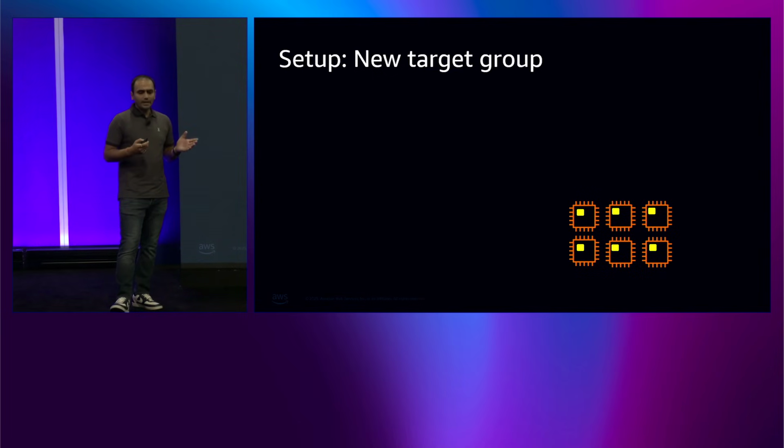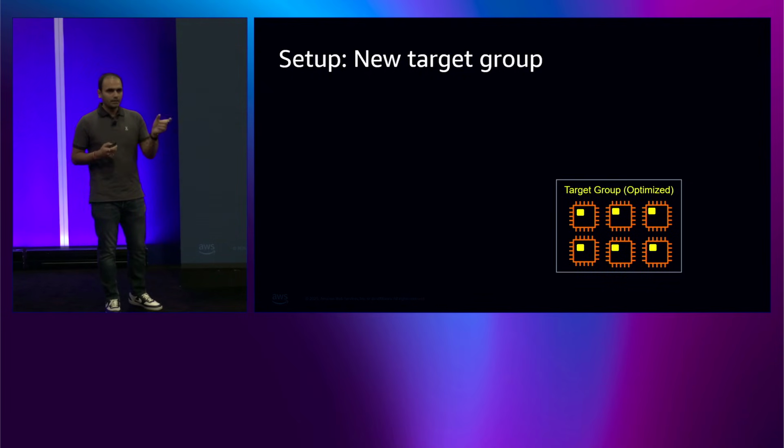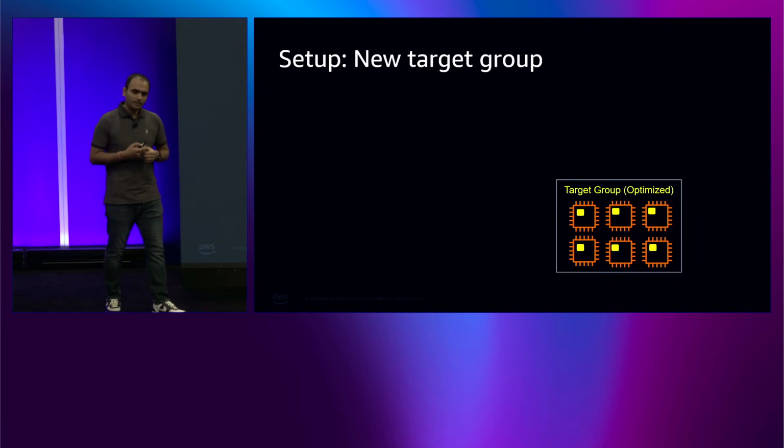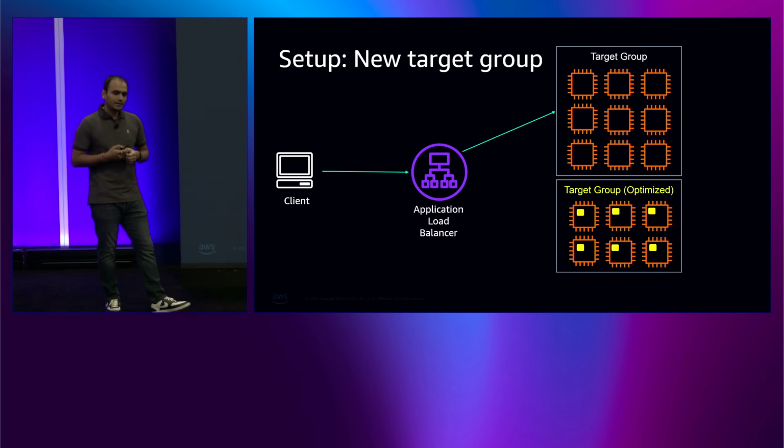And so once you've installed the agent on each target, you register these targets with a new target group. I've called it the optimized target group. When you create this target group, you also again need to specify the control port, which is the same as you configured on the agent. And once you've created this new target group, all that is left is to add it to an application load balancer.